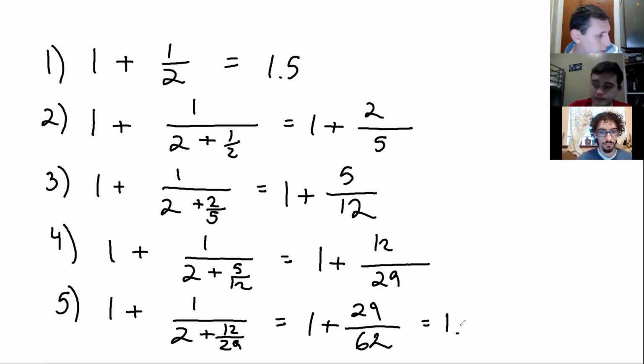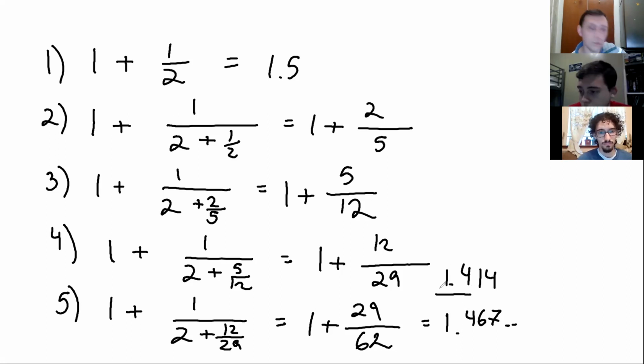I get 1.467 blah blah blah, right? But if I press root of 2, I get 1.414. So you see, I'm already getting the first 2 digits here.